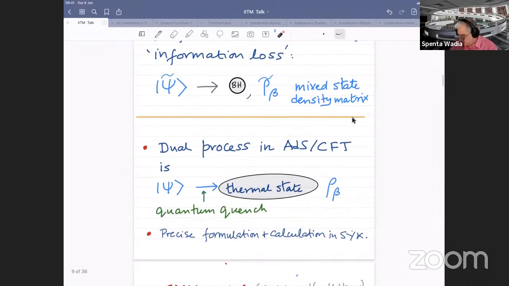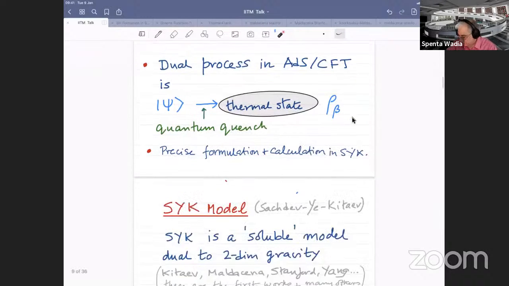So we would like to make a precise formulation and calculation of this process in the SYK model in the context of beginning with a pure state and always continuing being part of a pure state.